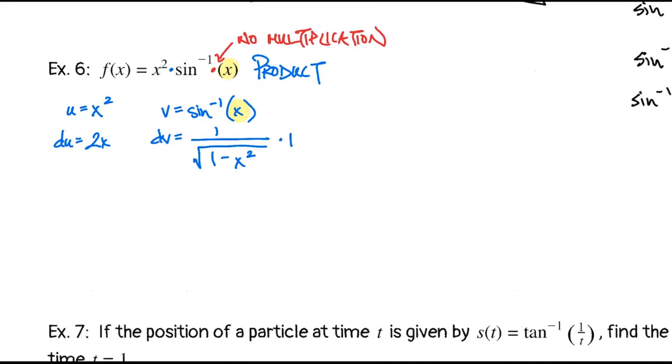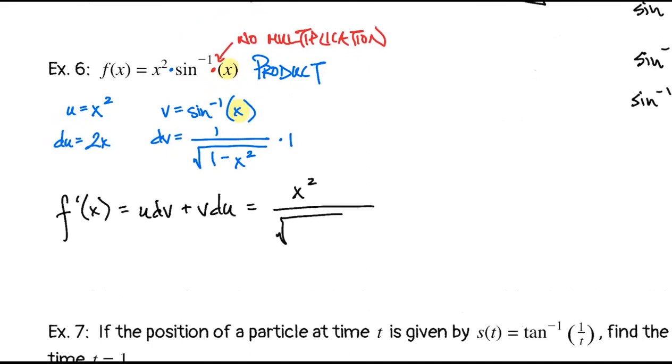So we're going to find f prime of x, and we're going to plug that into our product rule, and we will get x squared over the root of 1 minus x squared plus 2x inverse sine of x.